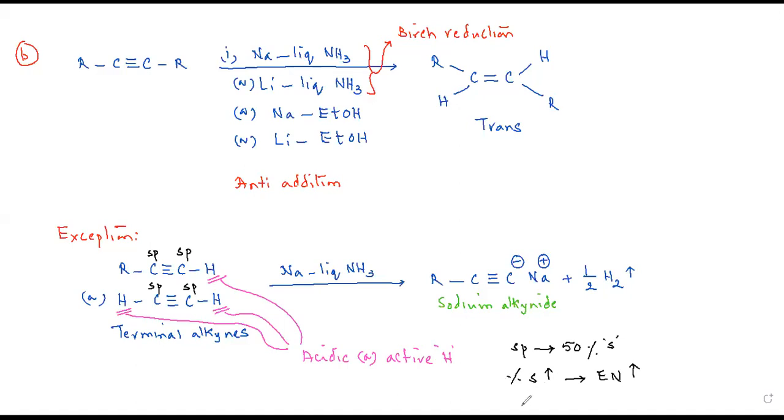So when electronegativity increases, acidic nature also increases, right? That's it.